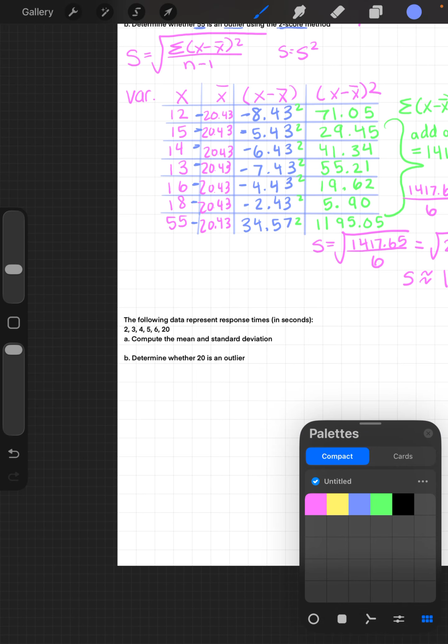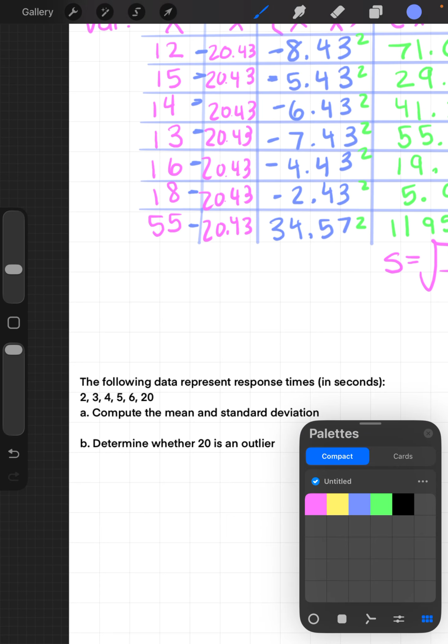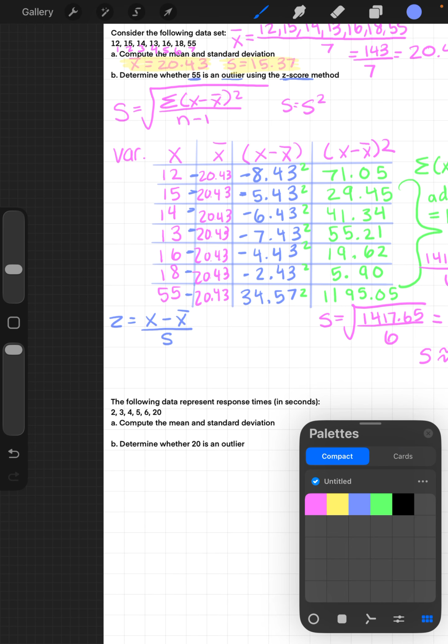So the z-score is going to be, and we already know they asked for 55, so x is equal to 55. The mean is equal to 20.43, and s is equal to 15.37.